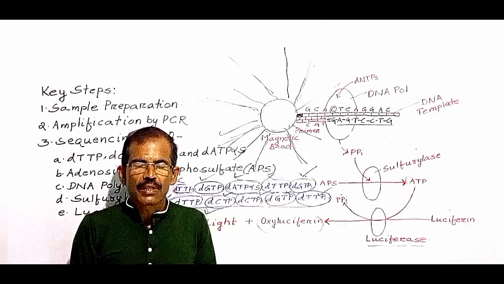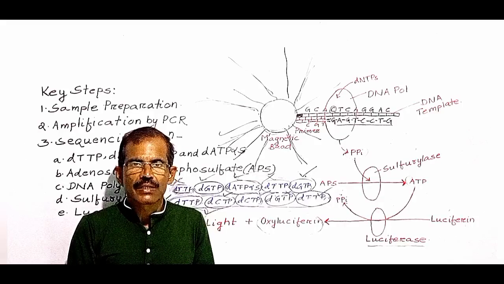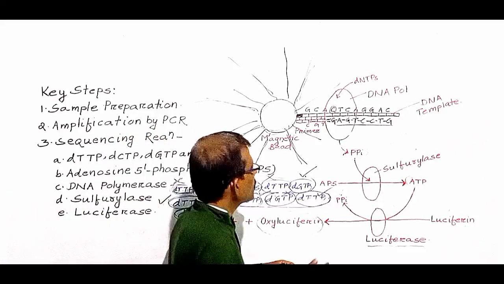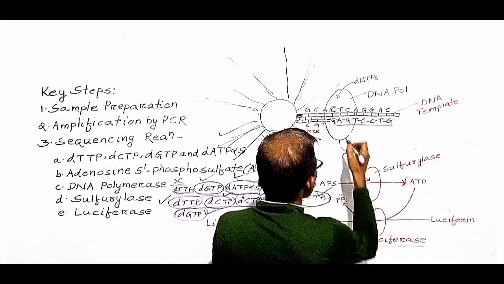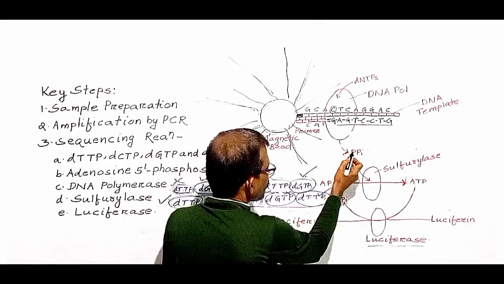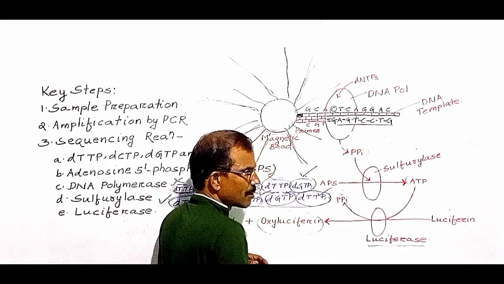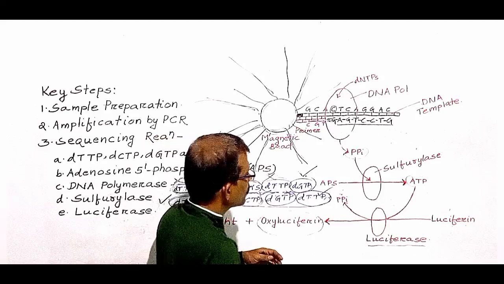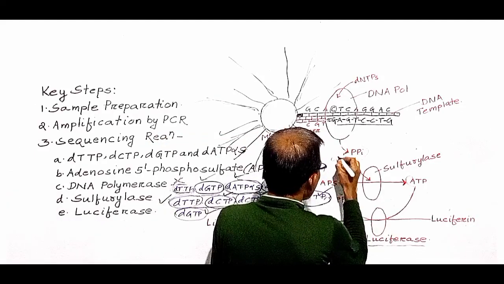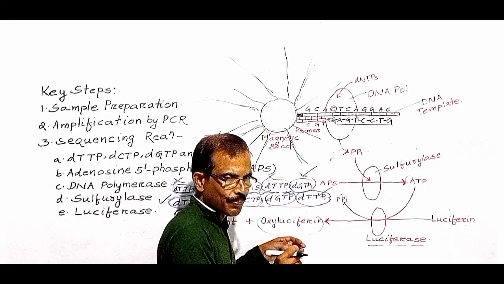This is necessary to prevent false light signal. Incorporation of each nucleotide generates one molecule of pyrophosphate. So in this example, total 8 pyrophosphates will be released.